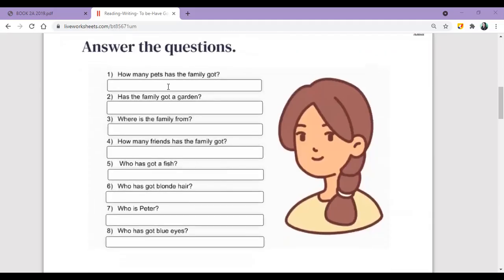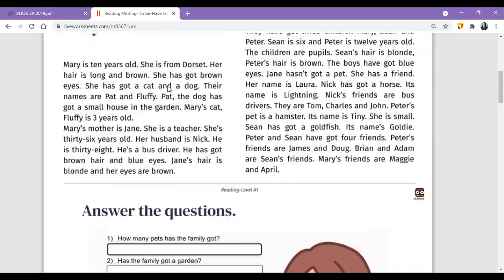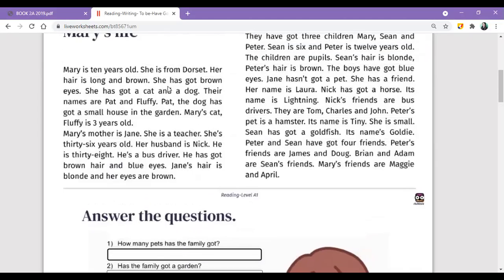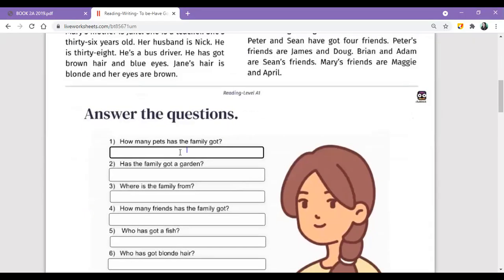How many pets has the family got? 8 pets. Okay. How do we answer the question? The family has got 8 pets. Good. In this case, the family has, because it's only one family.